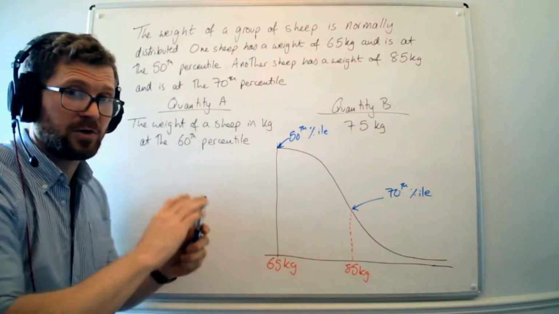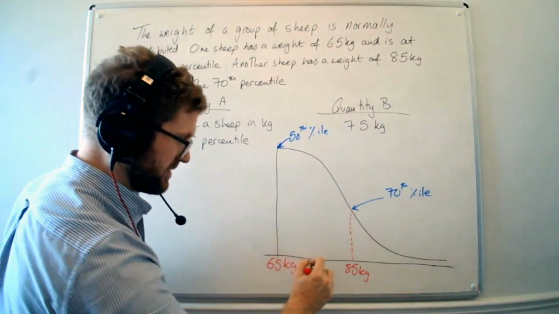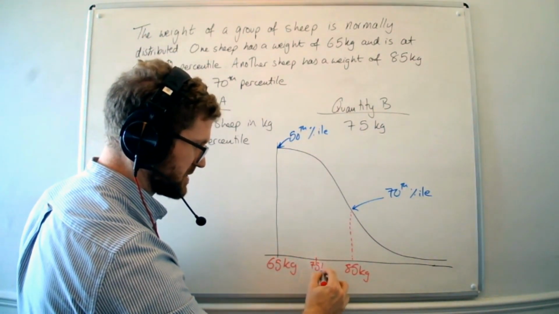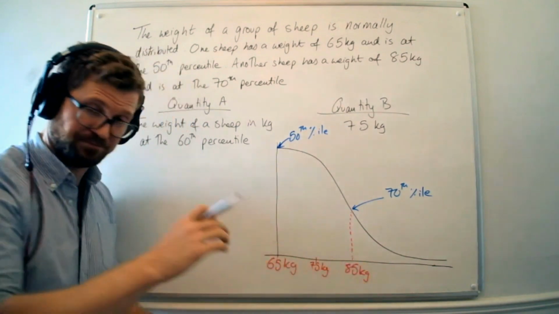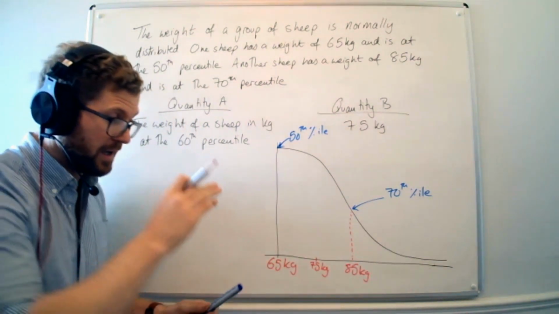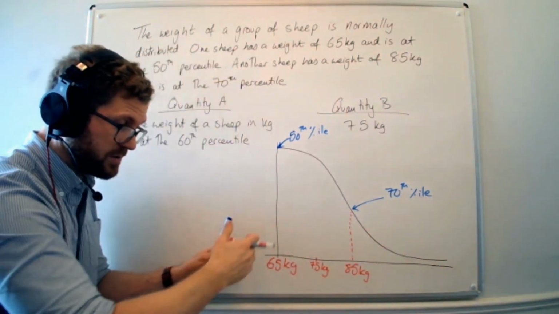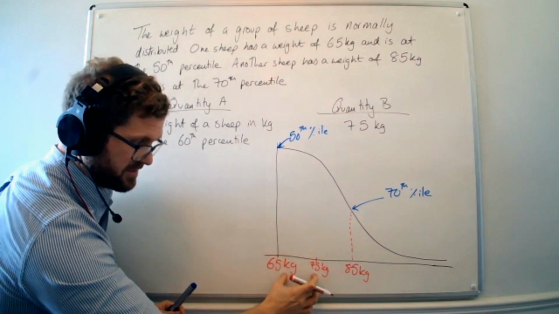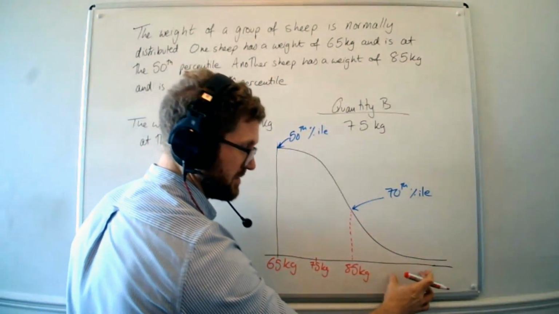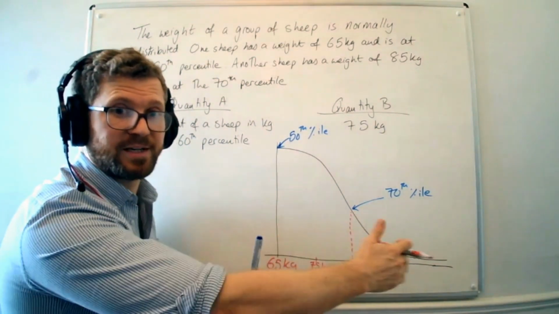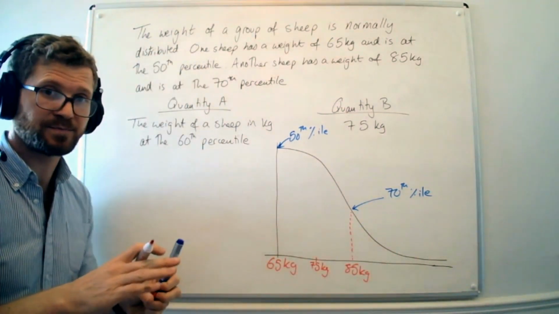So the gap along the bottom between 65 and 75, I'll put 75 in the middle there, and the gap between 75 and 85 will be the same. Along the bottom, the scale goes up linearly. So I could have the same gap, 65 to 75, 75 to 85, and I could keep going, 85 to 95, 95 to 105. That's predictable. The scale will continue in a linear fashion as we go up.